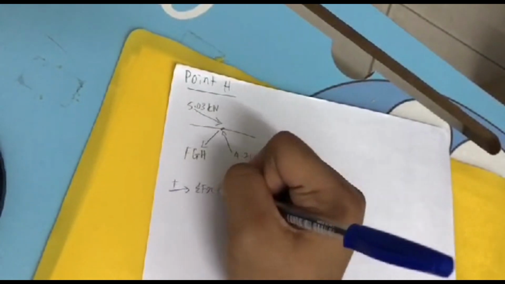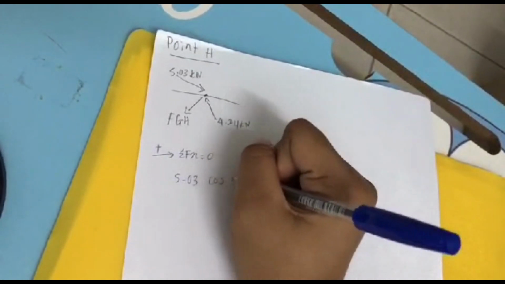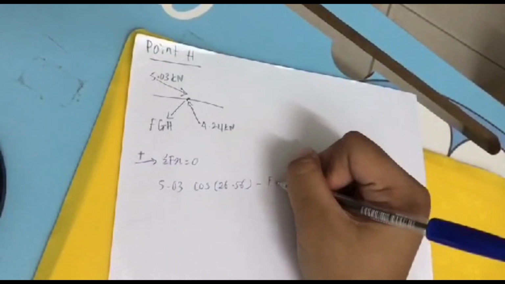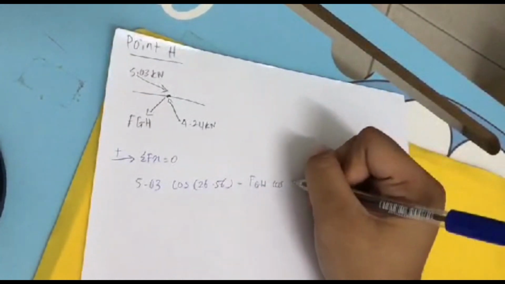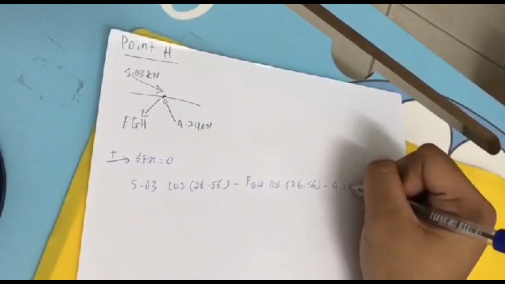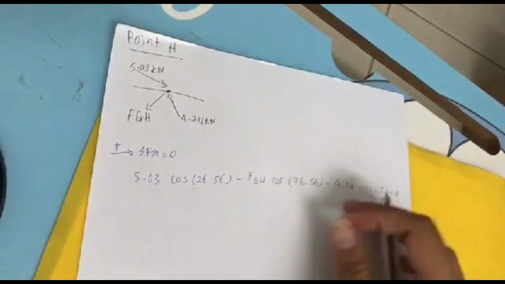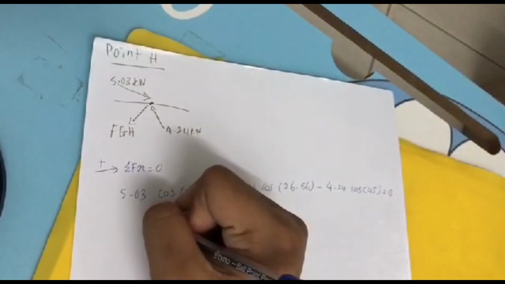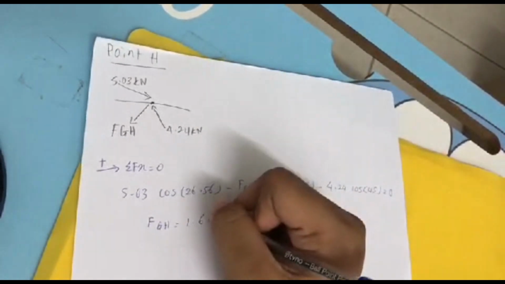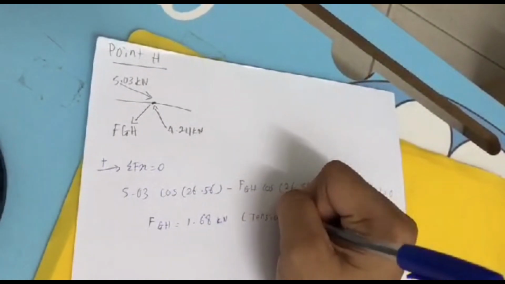Sum of Fx equal to 0. 5.03 cos 26.56 minus force for GH cos 26.56 minus 4.24 cos 45 equal to 0. And then after calculating with the calculator, we'll get force for GH is 1.68 kilonewton, and the type of force is tension.